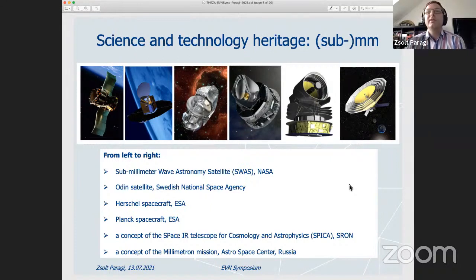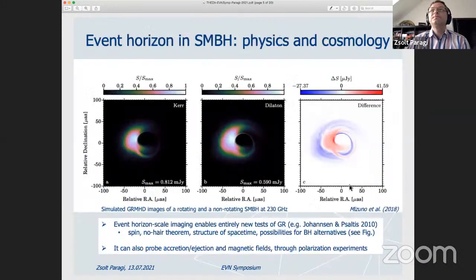But the Millimetron concept is still alive, a 10-meter antenna flying at the L2 Lagrangian point, which would do single-dish astronomy at these frequencies, and also some space VLBI.